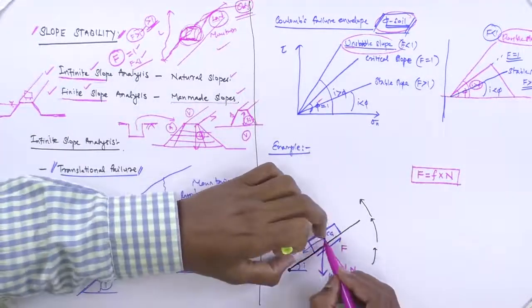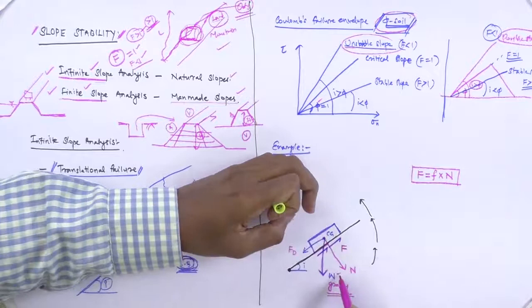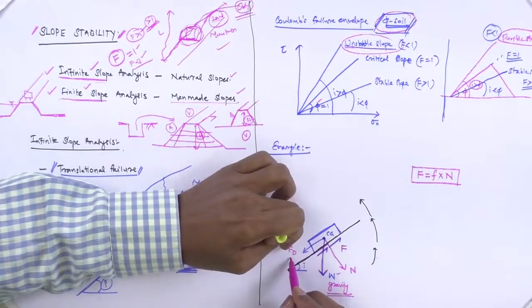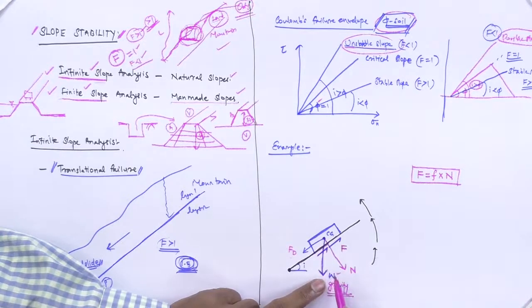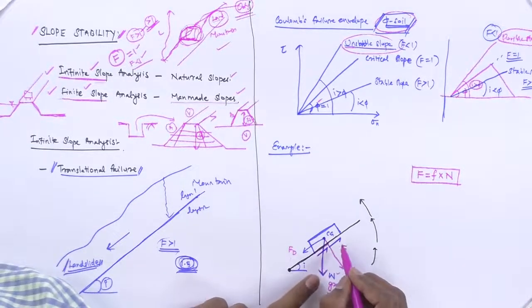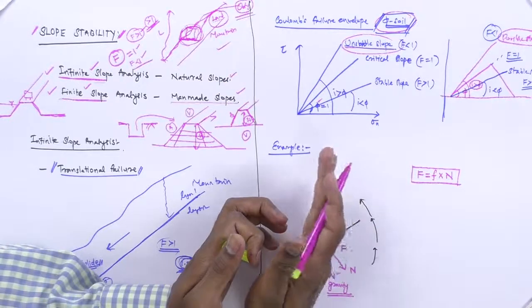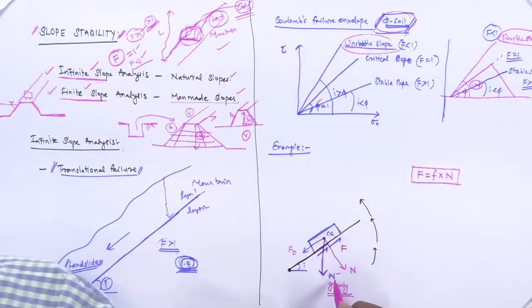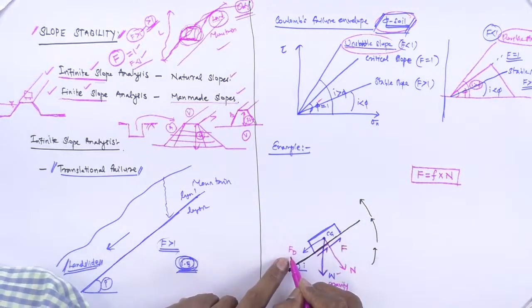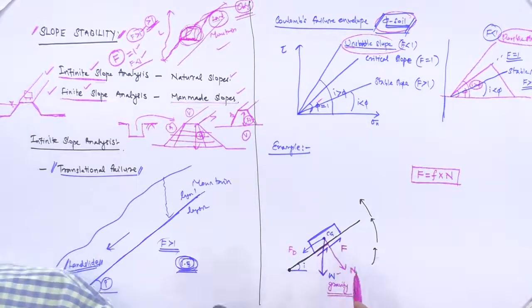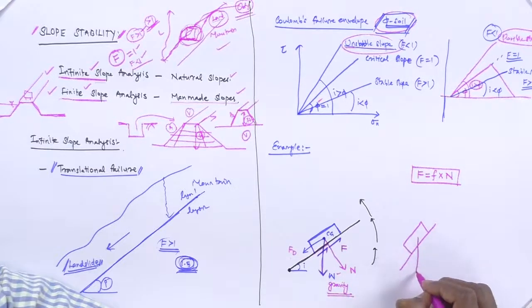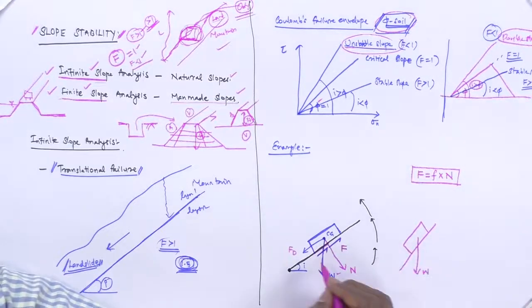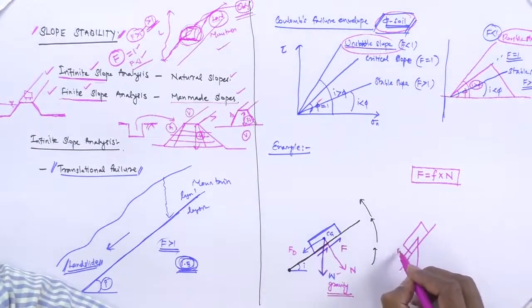The mass is coming down. This is going to be the normal force. This W is going to contribute to both the driving force as well as the normal force. When the slope becomes steeper, this W is going to contribute more to the driving force compared to N, because W remains vertical but this angle is coming down.